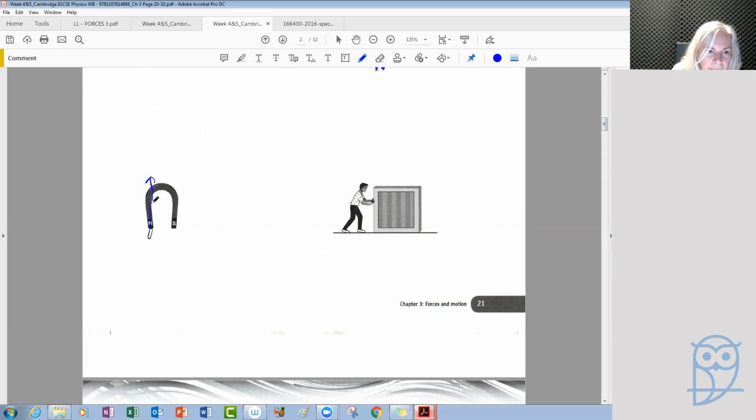Let's make a big arrow so that we can see it, because the magnet is black. And okay, there will be this force, let's call it Fm for magnetic, exerted on the paper clip from the magnet. Let me say that again. This magnetic force Fm is exerted by the magnet on the paper clip. By the magnet on the paper clip.